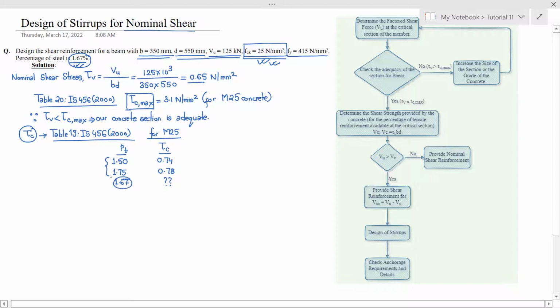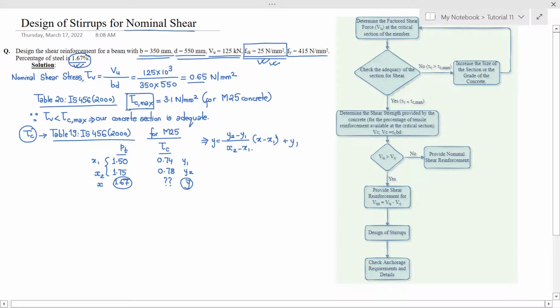So how do we perform the linear interpolation? Let us consider this factor as x and this is y. This is x2 and y2 and x1 and y1. So to perform linear interpolation, now you have to determine the value of y. The value of y is given as y2 minus y1 over x2 minus x1, times x minus x1, plus y1.